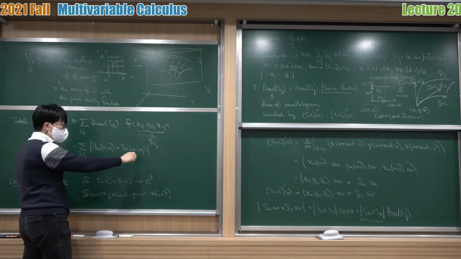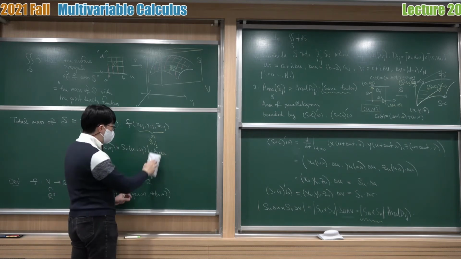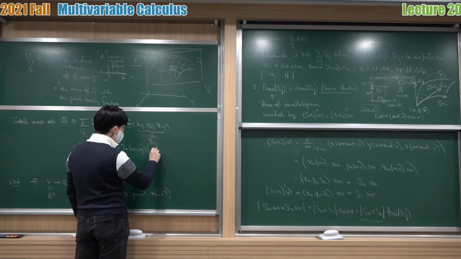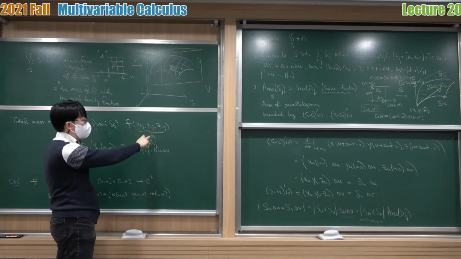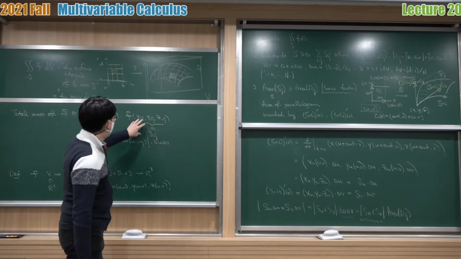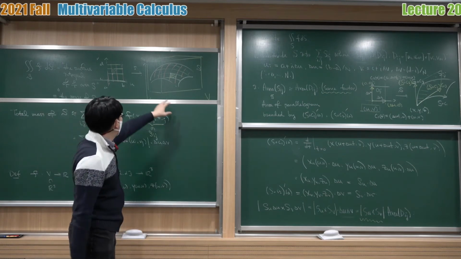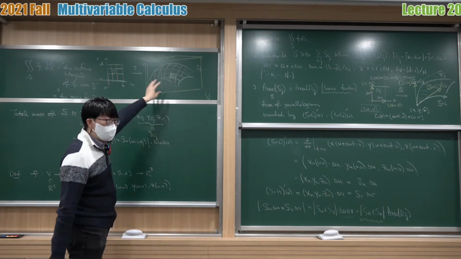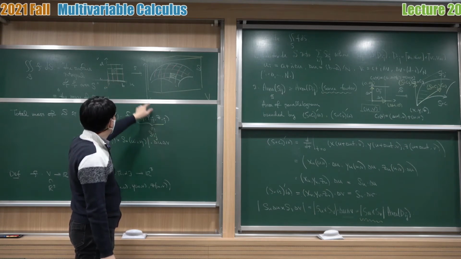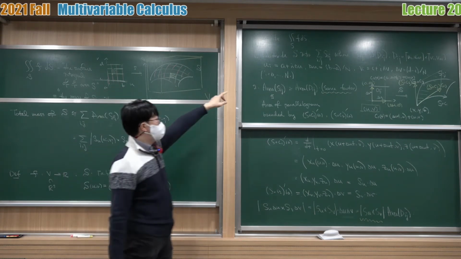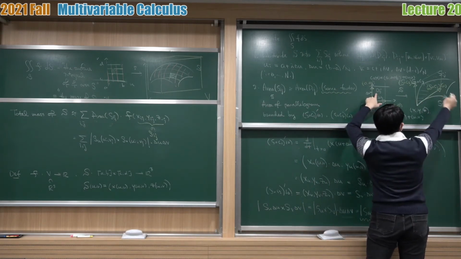That's the factor times the area of Dij, which I can rewrite as delta U delta V. And how about the mass? In order to find a point inside of Sij, since we have a one-to-one mapping between the surface and the rectangular domain in the UV plane, I can find a point inside of Dij to identify a point inside of this small portion.